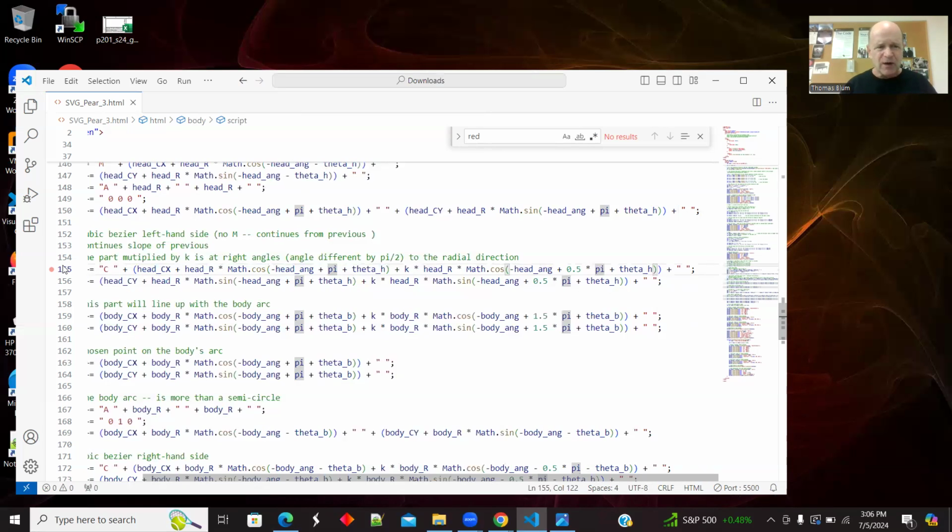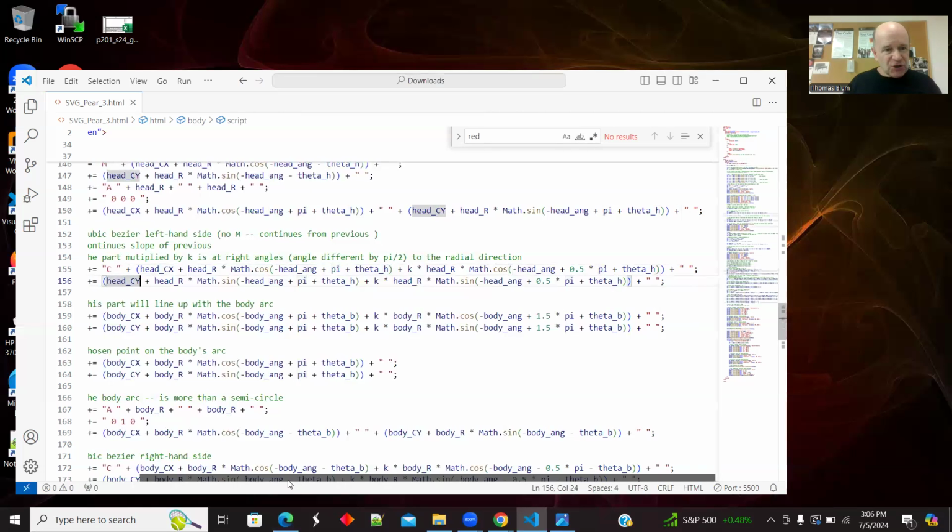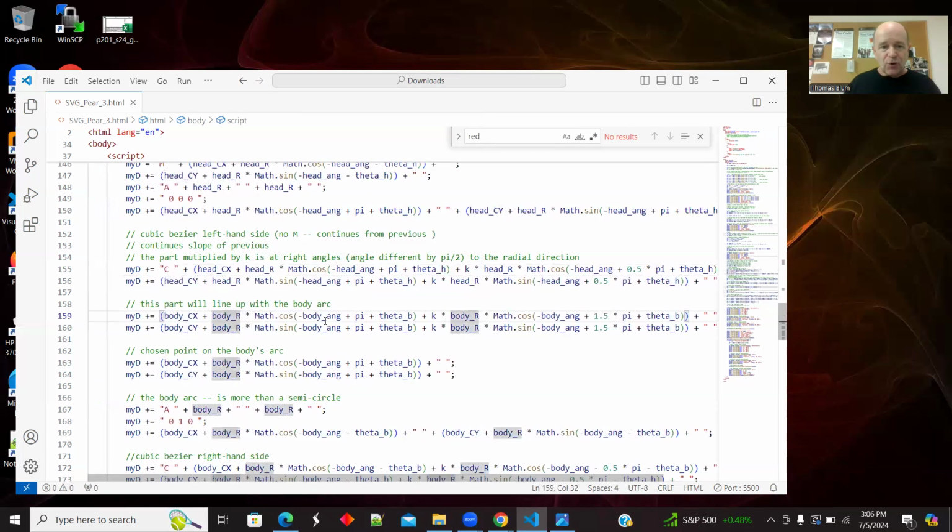So that's why I like, for this part, for the neck, cubic Bezier, because I have 2 slopes I can control. And so that was the first control. The second control, I'm doing sort of what I did for the head with the body.